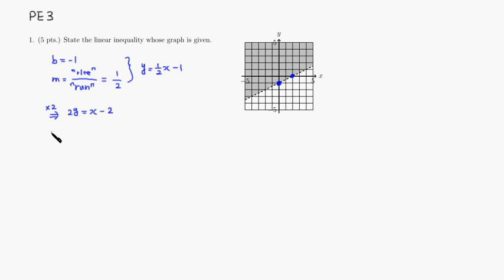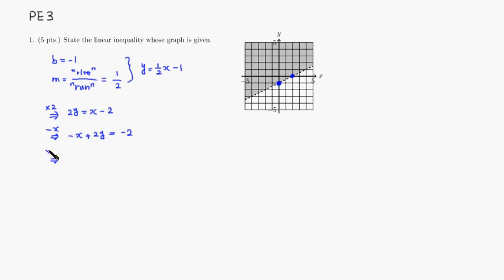Then I'm going to subtract x from both sides, so you get negative x plus 2y equals -2. I'm actually going to multiply by -1 because I don't like having a negative sign here.